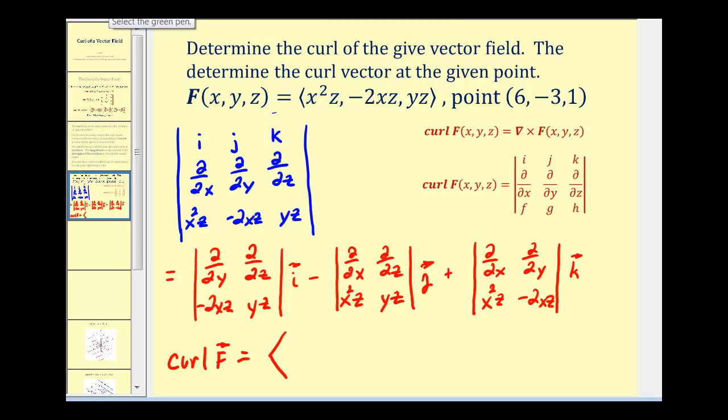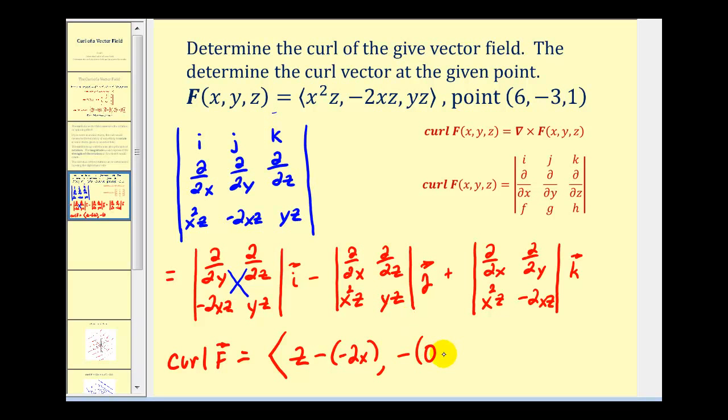To determine the x component of the curl, take the partial derivative of yz with respect to y. It'll give us z minus the partial derivative of negative 2xz with respect to z. So we'll have minus negative 2x. And then for the y component, we'll have the partial derivative of yz with respect to x.